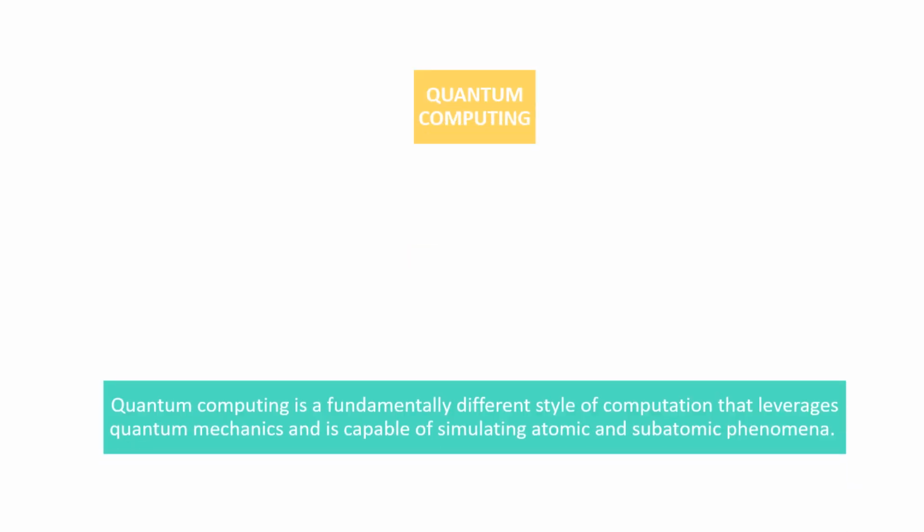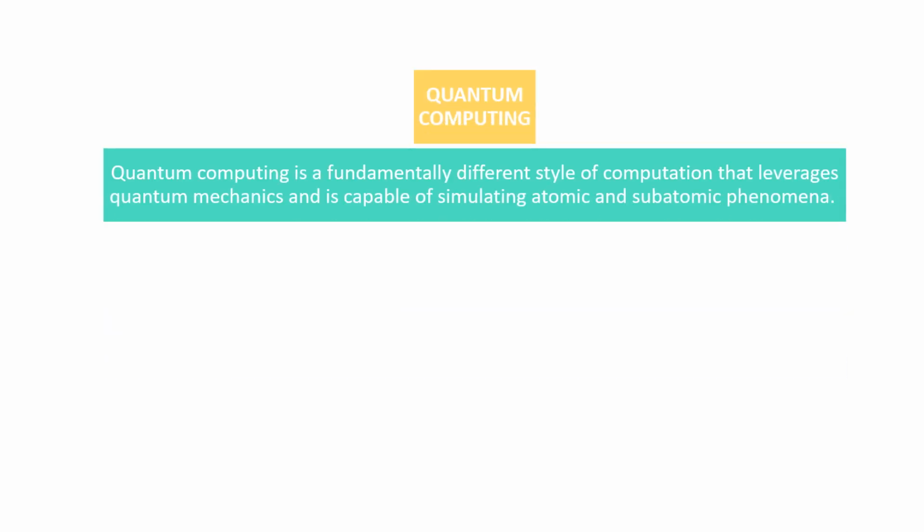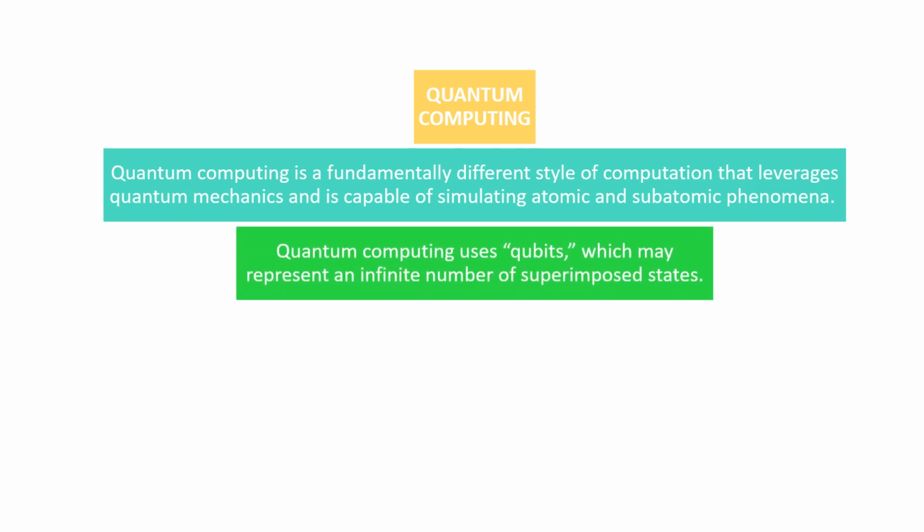But when we come to quantum computing, the fundamentals are completely different from the classical computing that exascale computers use. Quantum computing is a fundamentally different style of computation that leverages quantum mechanics and is capable of simulating atomic and subatomic phenomena.